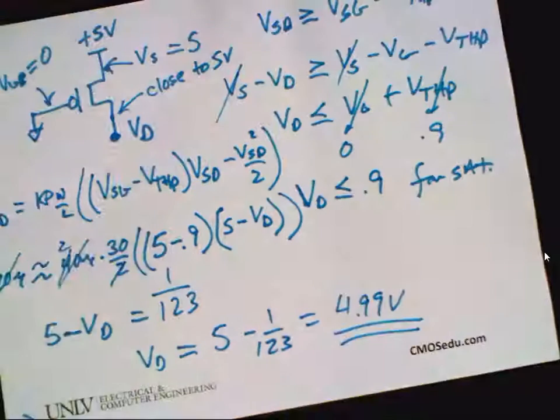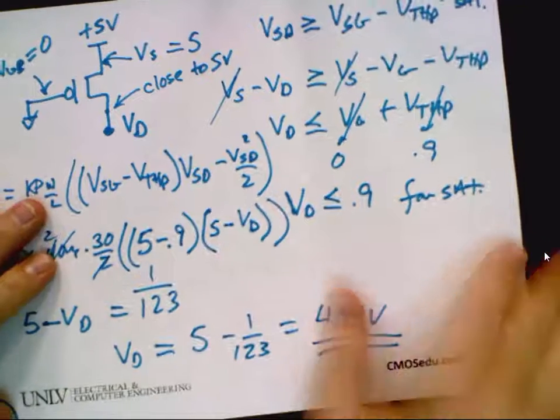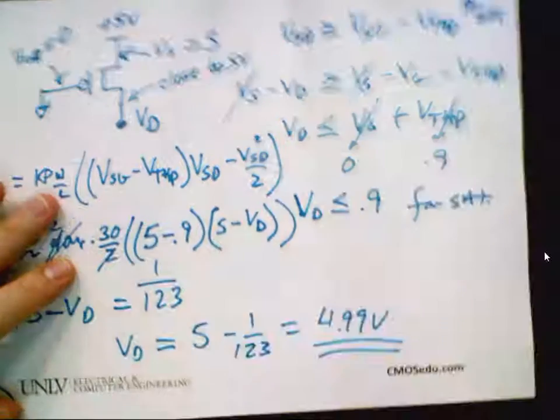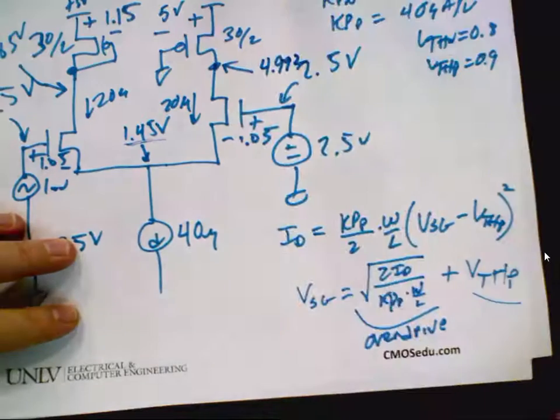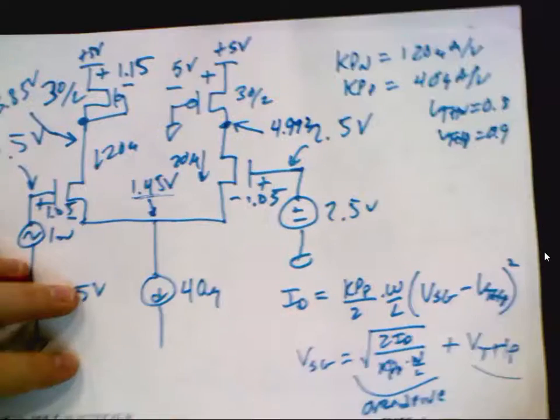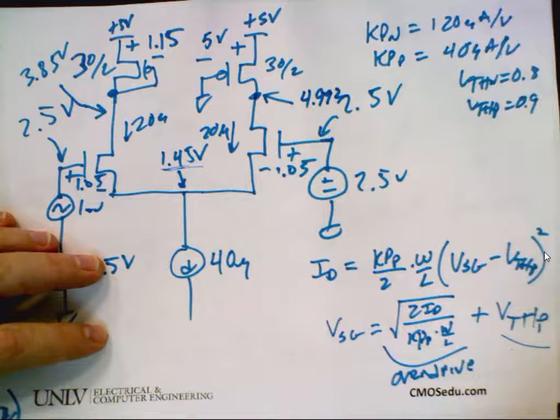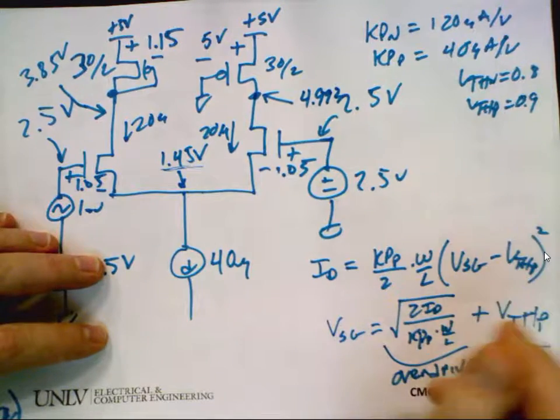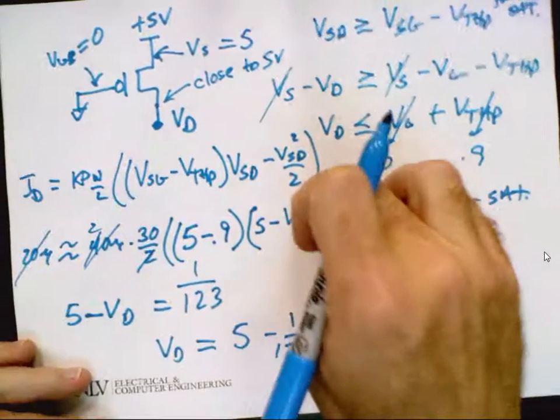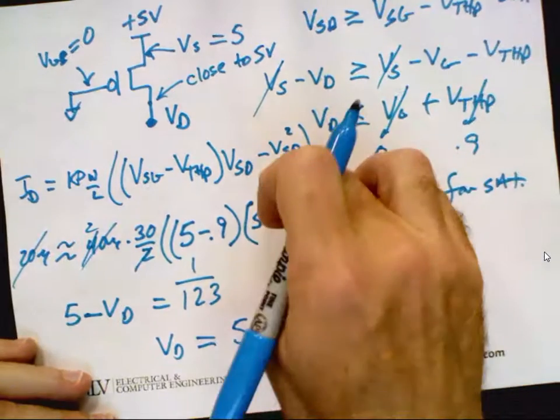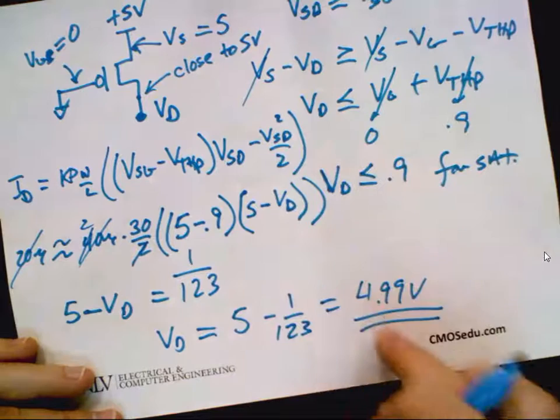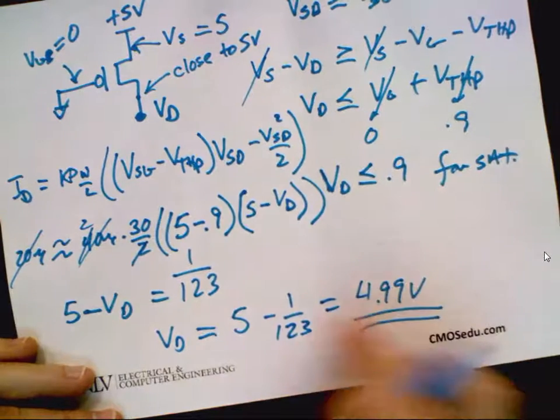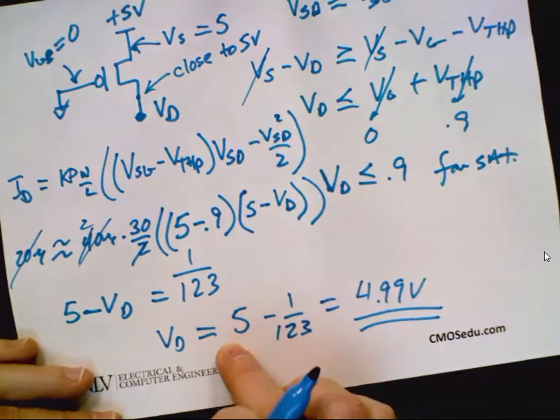Questions? So I can go back here, and I can say this voltage is 4.992. Yes? Well, you could go back and do it the full way. But even if you don't, even if you look at this and say, well, if I neglect this, it's pretty close to 5 volts, so it's probably a pretty good approximation.